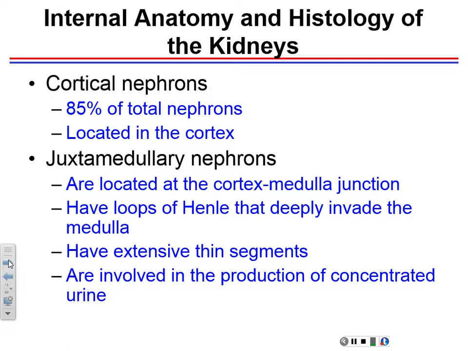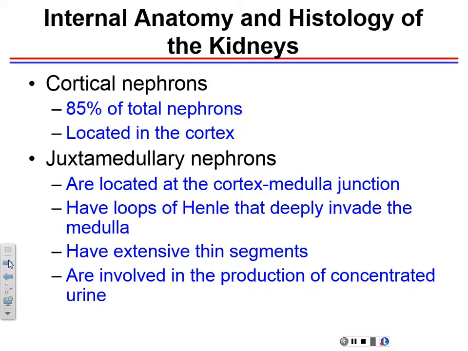Why? Juxta just means next to. So it's the ones that are next to the medulla, and they have the longest nephrons. The descending limb is very long, the ascending limb is very long. So there's more chance to lose fluid from those tubules if they are long, because you get more chance of reabsorption. So they produce concentrated urine, and that was in the module too.